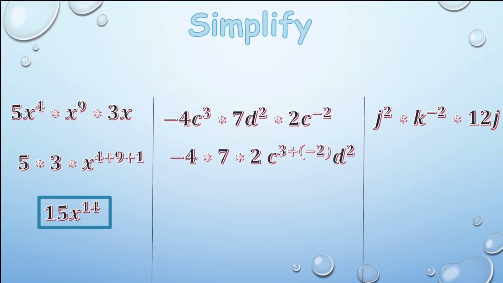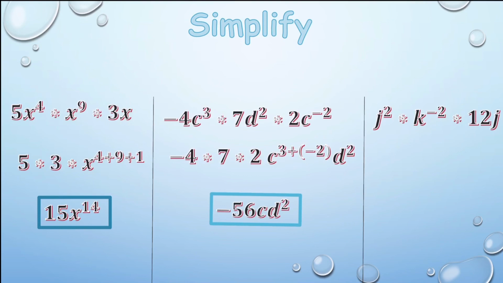When I multiply, I should get negative 56 c d squared. Now that negative is going to the 4. Don't give it to an exponent. We've got to look at what's given to us. Don't rewrite it, don't change it, don't make something up.